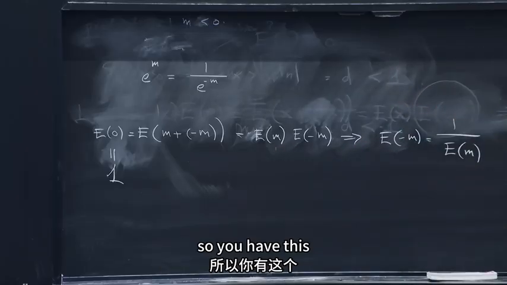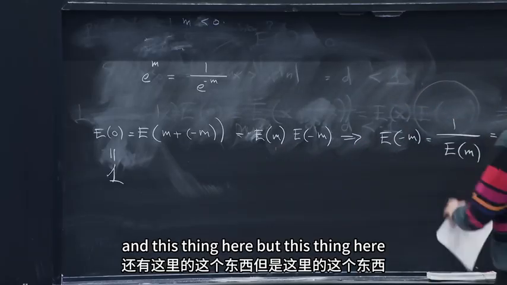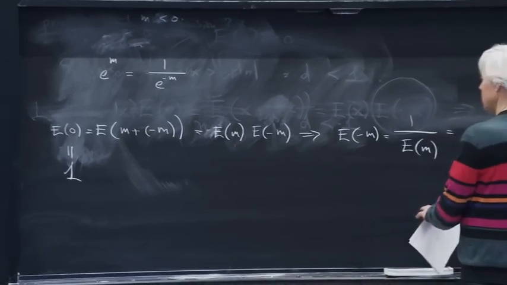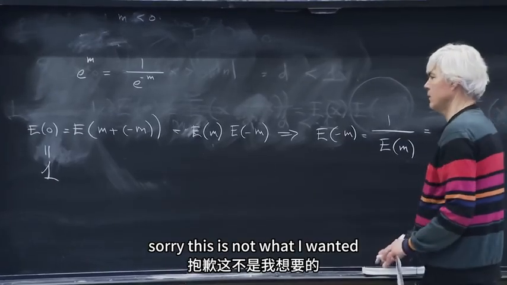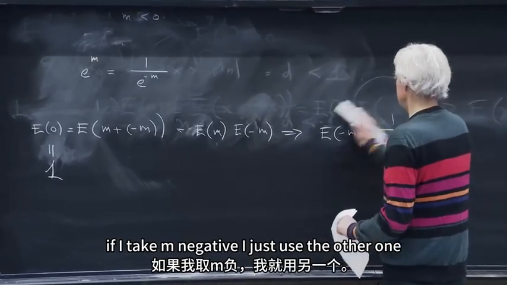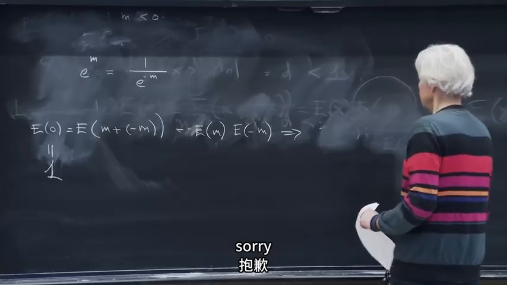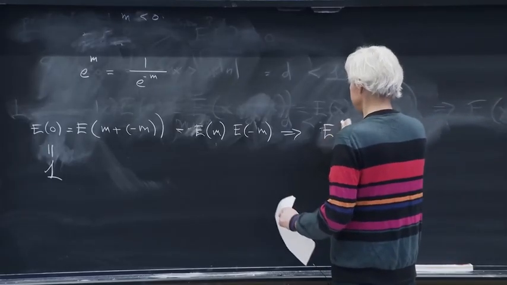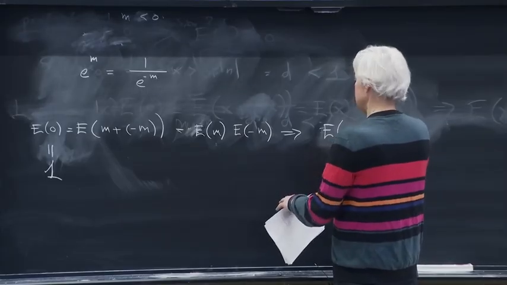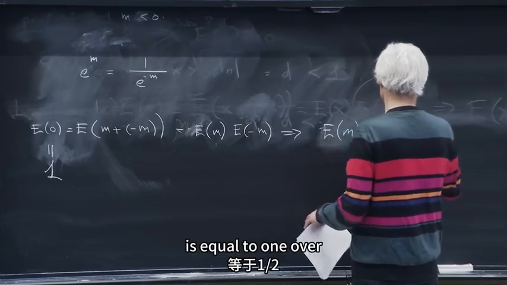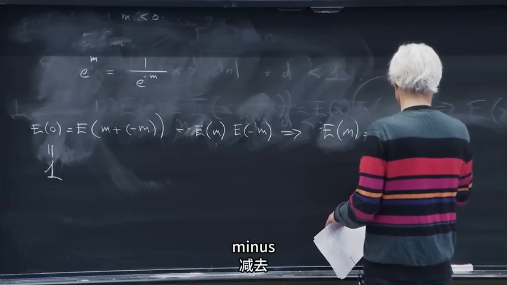So you have this, but sorry, this is not what I wanted. If I take m negative, I just use the other one, sorry. E of m is equal to 1 over E of minus m.